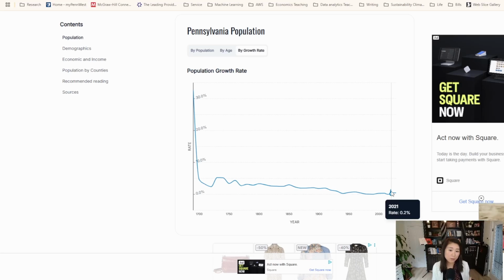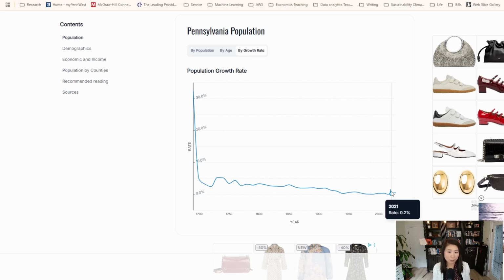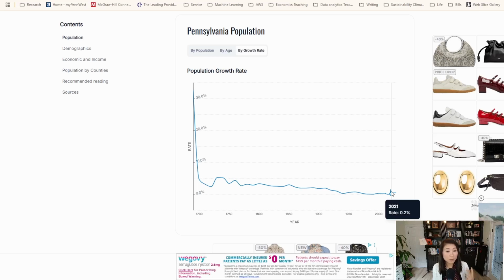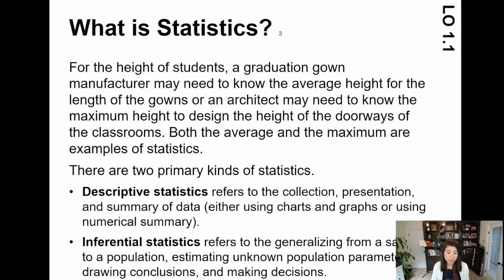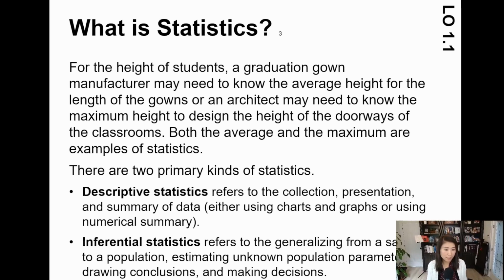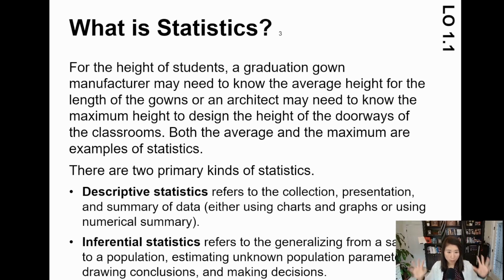So I'm using these two examples to help you think about what types of statistics we're going to learn in this class. Generally speaking, we have two different kinds. The first kind is descriptive statistics, like the population of Pennsylvania. That refers to the collection, presentation, and summary of data. It's nothing else but representing a fact.